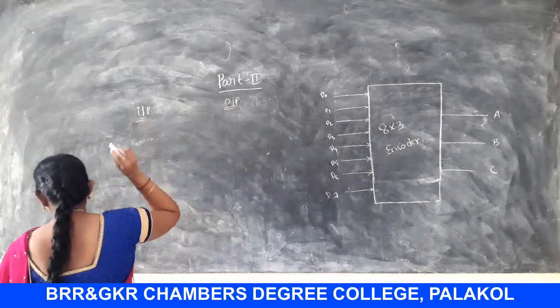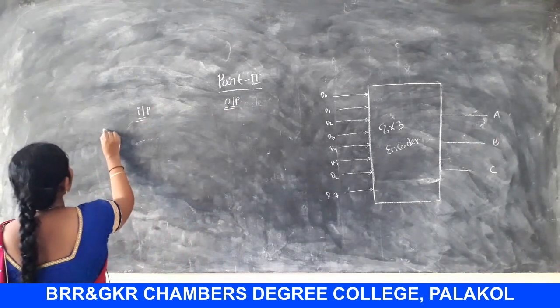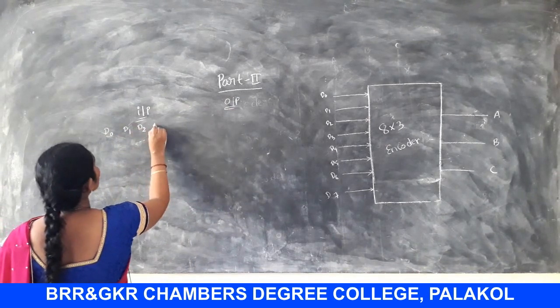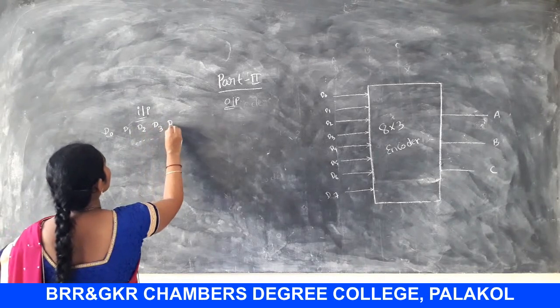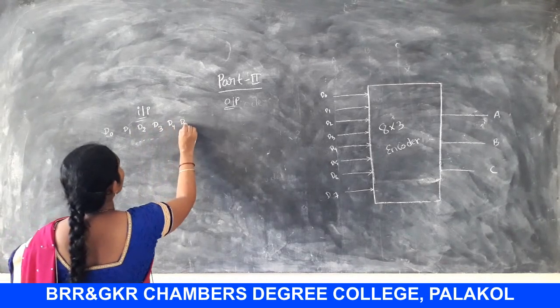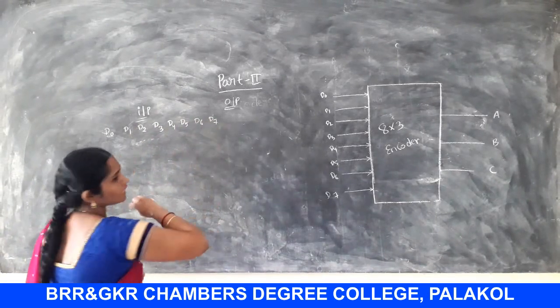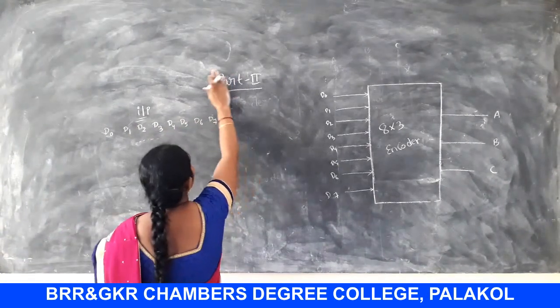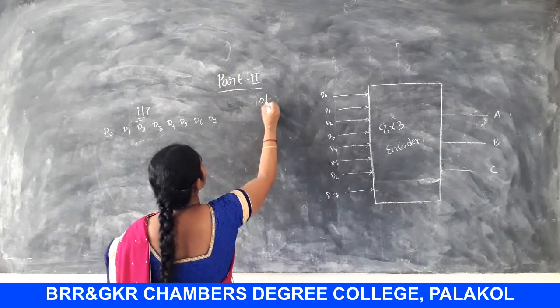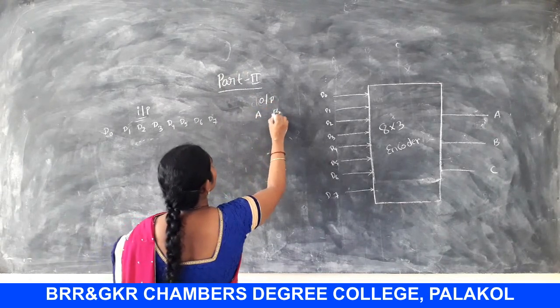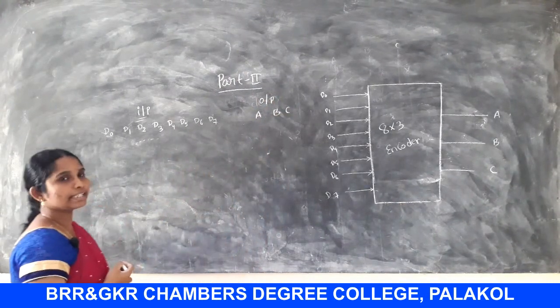The inputs are D0, D1, D2, D3, D4, D5, D6 and D7. The outputs are A, B and C here.